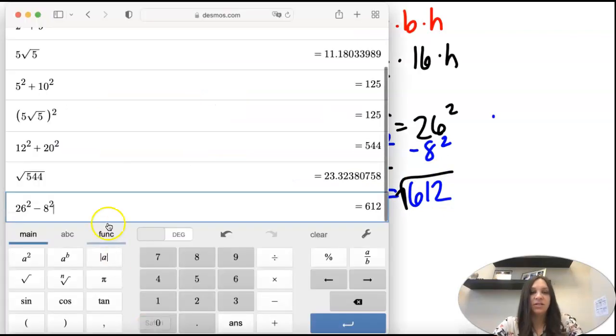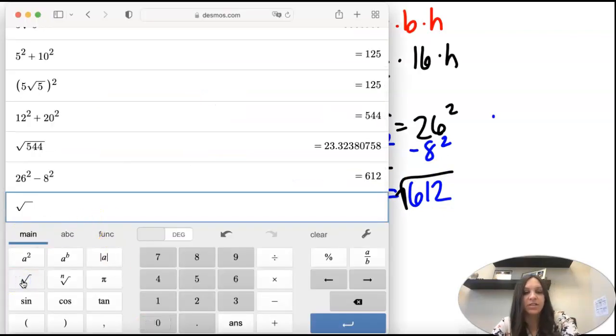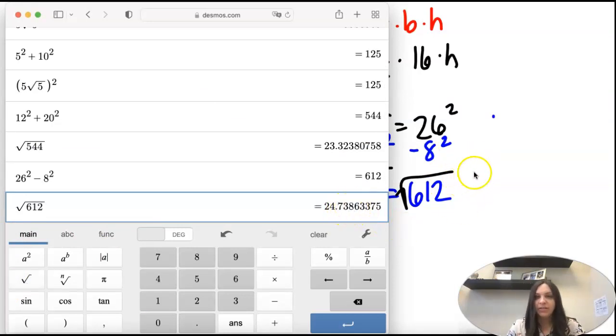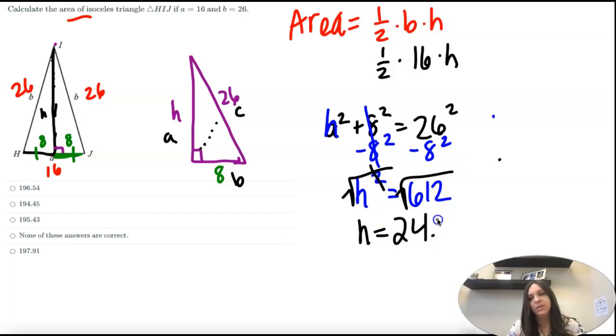H is the square root of 612, which is 24.74 rounded. And that's not our answer.